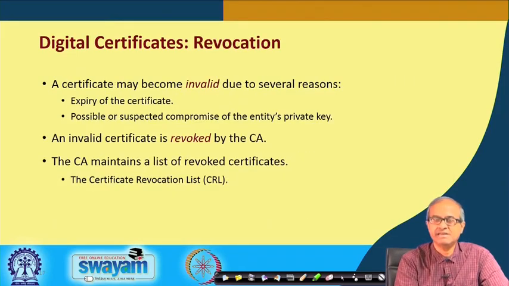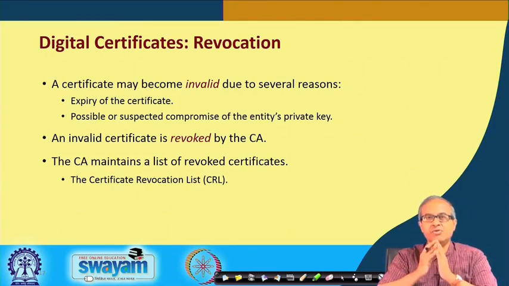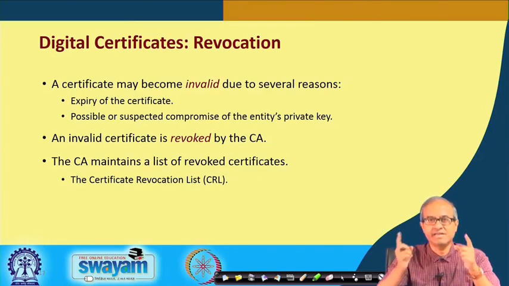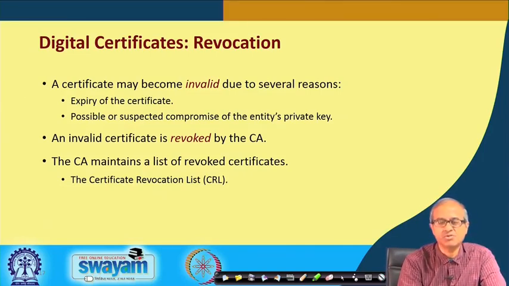Revocation, as I had said, sometimes a certificate may become invalid. See, whenever you create a certificate, there is a duration for which the certificate will be valid. So, if the time expires, that is one reason why it may become invalid, or there can be some suspected compromise.